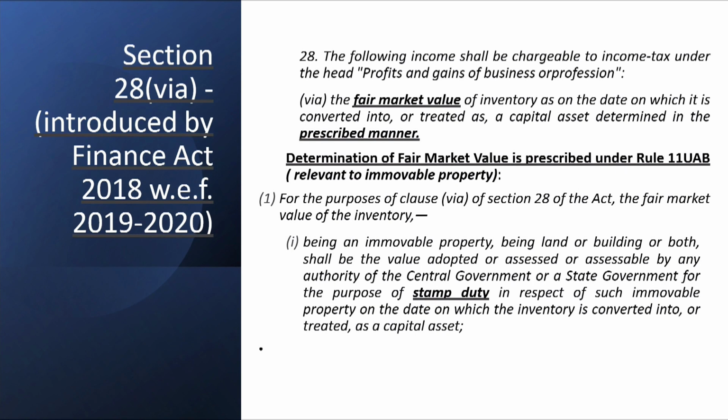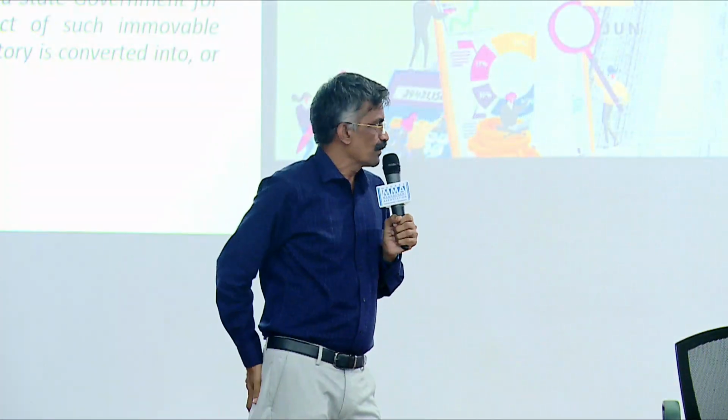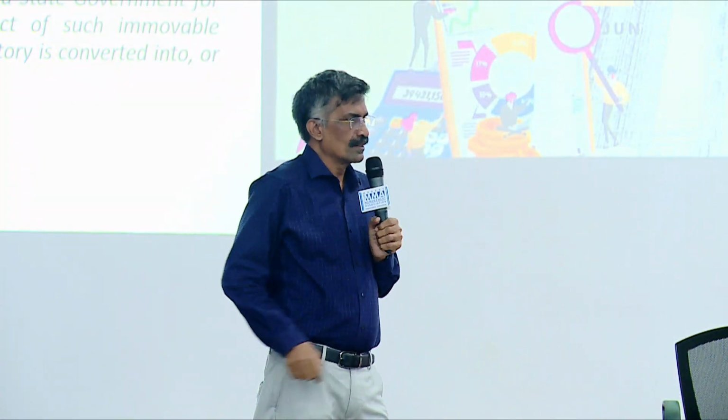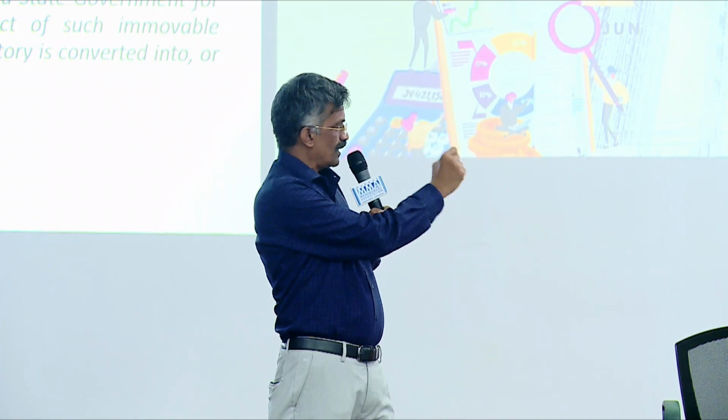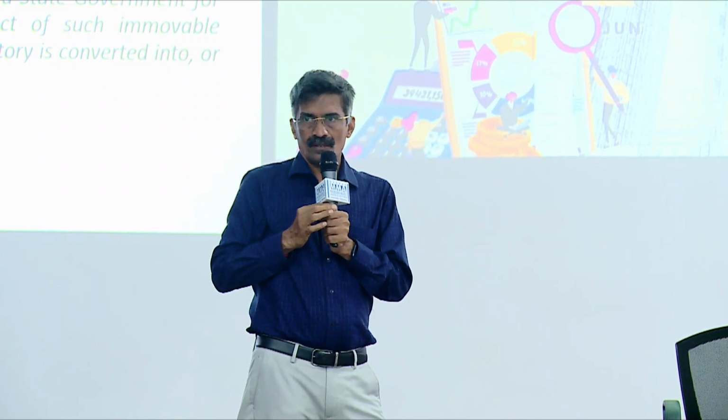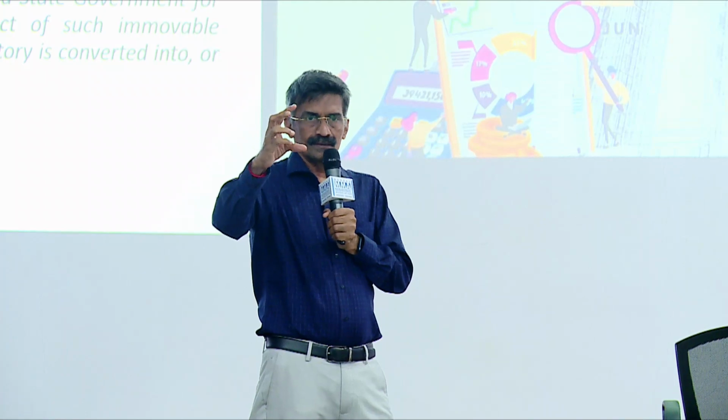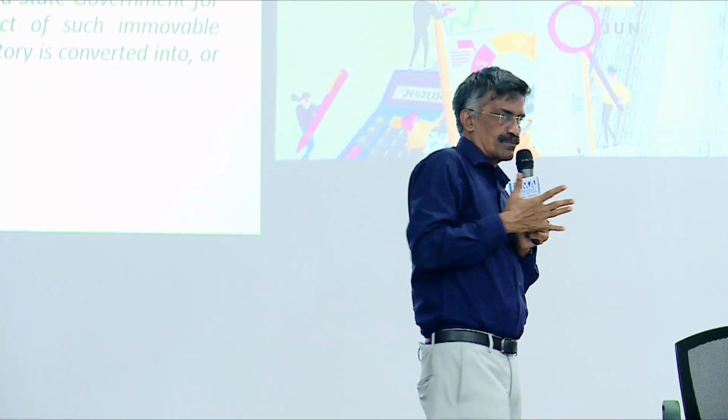So the fair market value has been determined under 11UAB, and 11UAB specifically, with reference to immovable property, takes the stamp duty value on the date of conversion as your fair market value. So that means if you are going to move your stock in trade into an investment or a capital asset, then the fair market value or the stamp duty valuation on that date is going to be considered as your consideration for the purpose of computing business income.